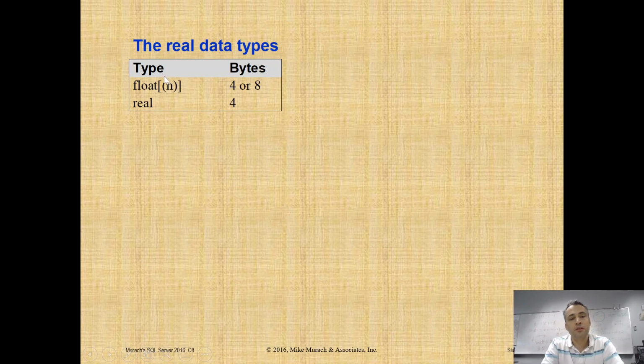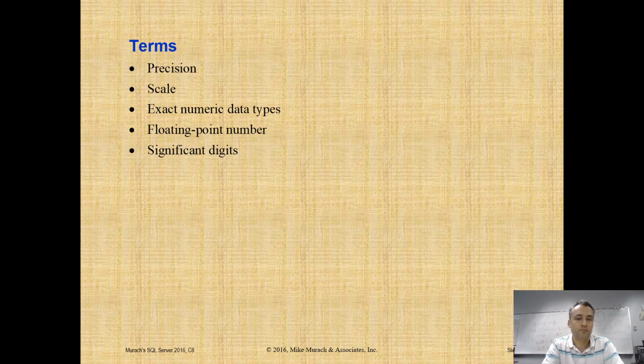Now, float and real are good for storing approximate real numbers, and they are stored basically in scientific notation. For example, a number 0.02 would be stored as 2 times 10 to the power minus 2. So the exact ones are the ones where you specify precision and scale, and a floating point number is working with significant digits.